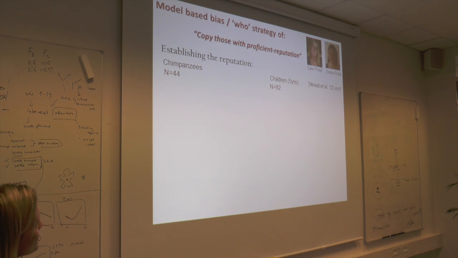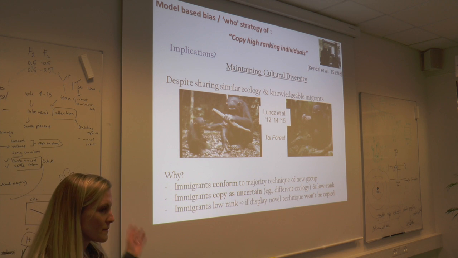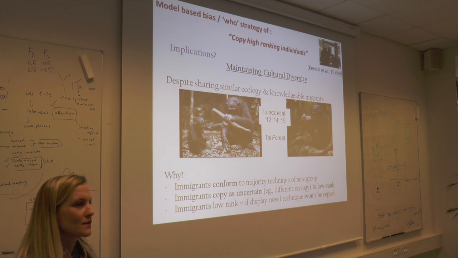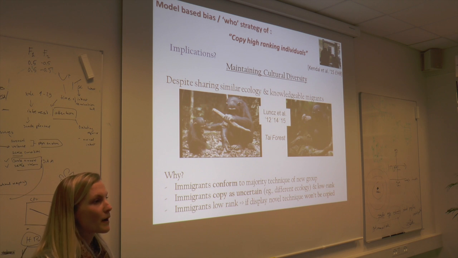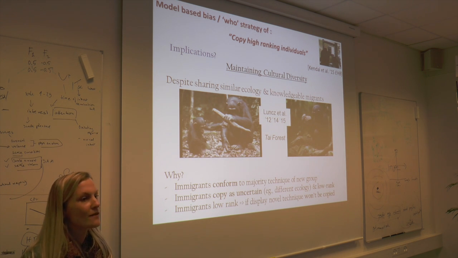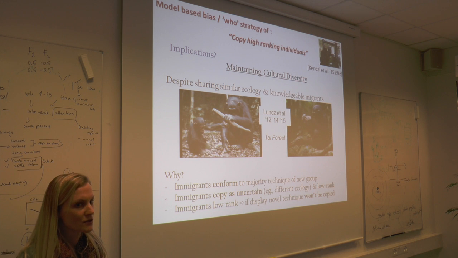Okay, so the problem with the chimpanzee data at the moment, as I said, is that we can't actually say whether the observational biases that we picked up on relate and transfer to behavioural biases in terms of actually what individuals did.